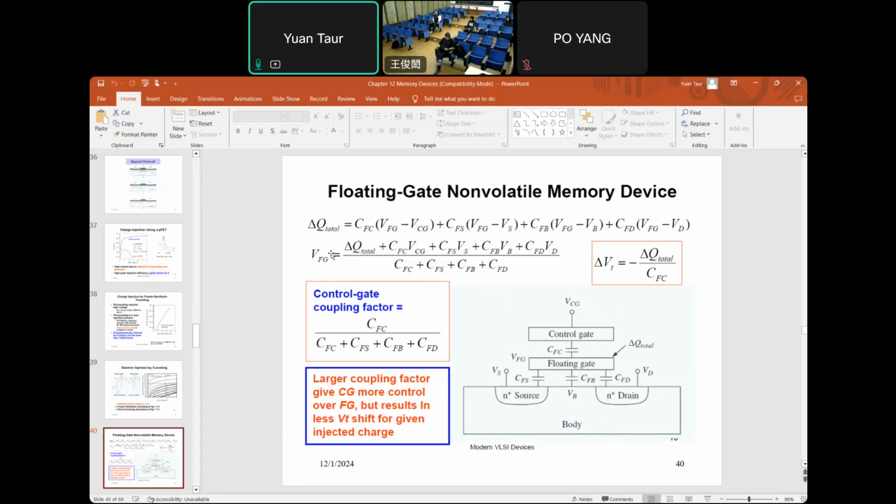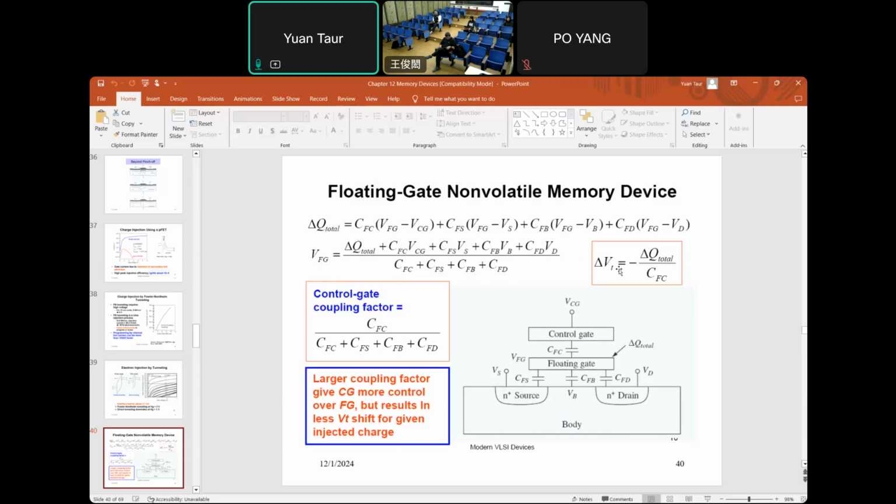Each of them has a VFG in here, so we can solve for the VFG expressed in terms of the charge on the floating gate.